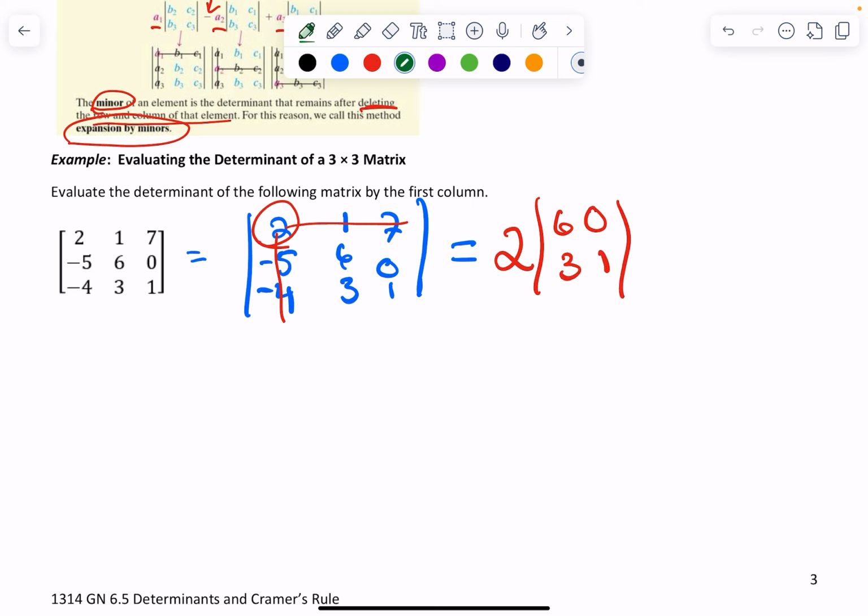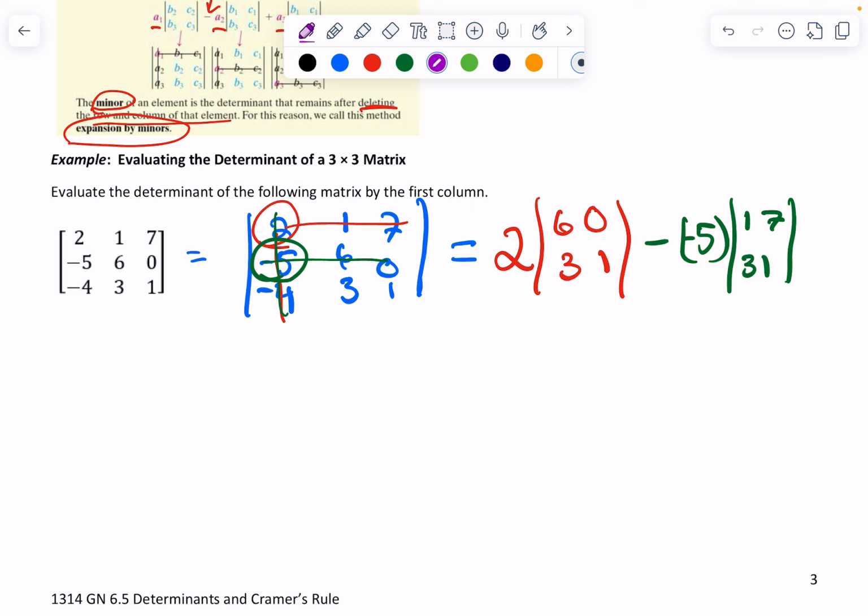Now, when we do the next one, we're going to be subtracting. We're taking element A2, which is -5 to the front, and notice that, yes, there are 2 negative signs here. And then we are crossing out the row and the column where -5 is. So we get 1, 7, 3, and 1.